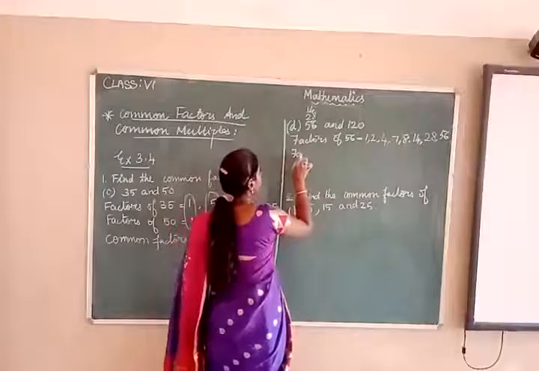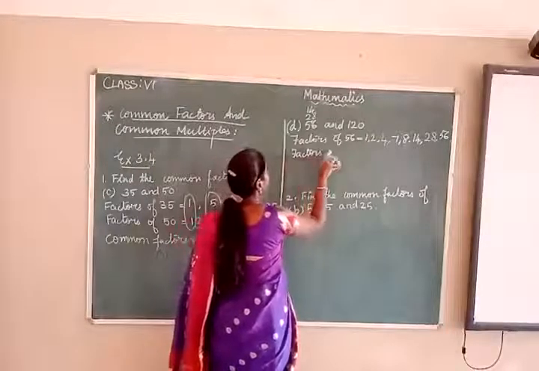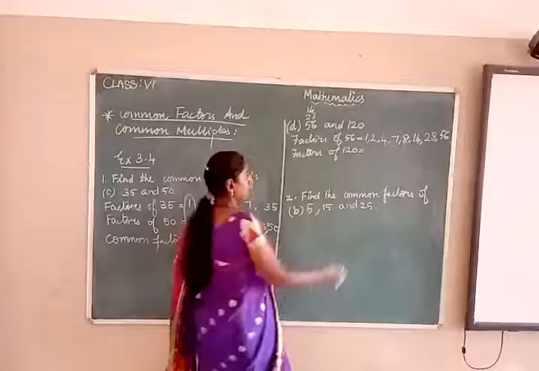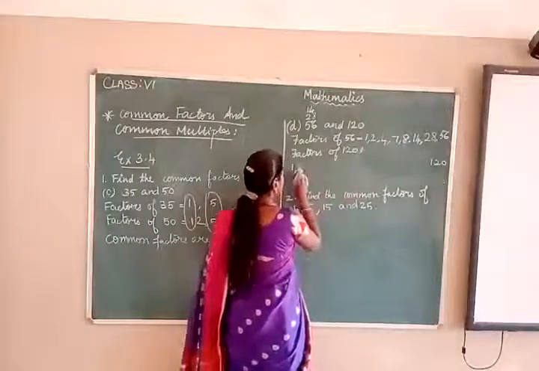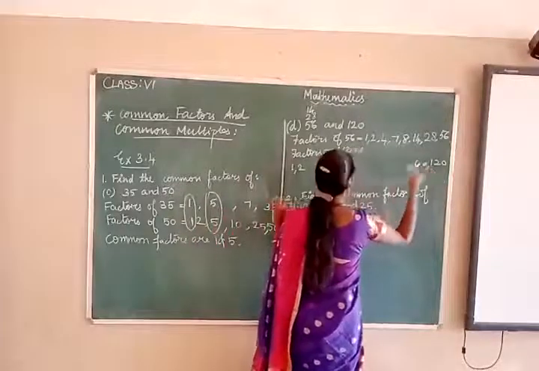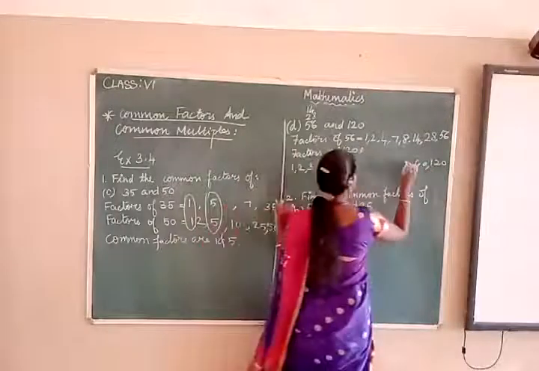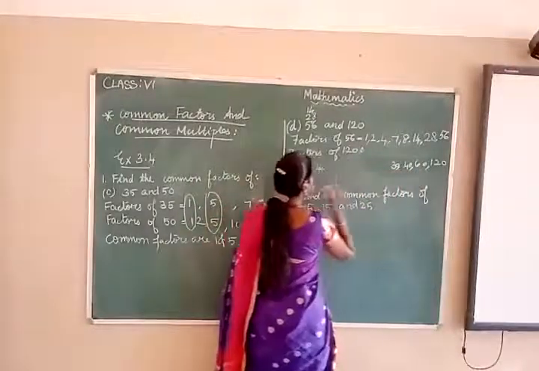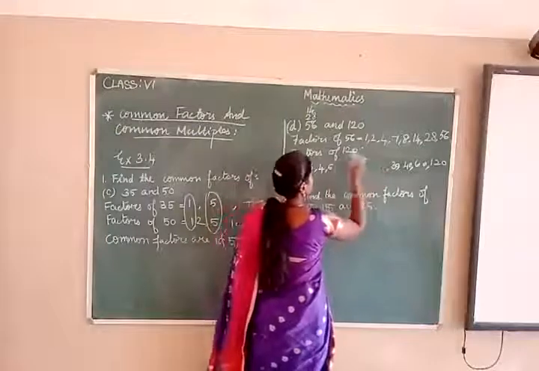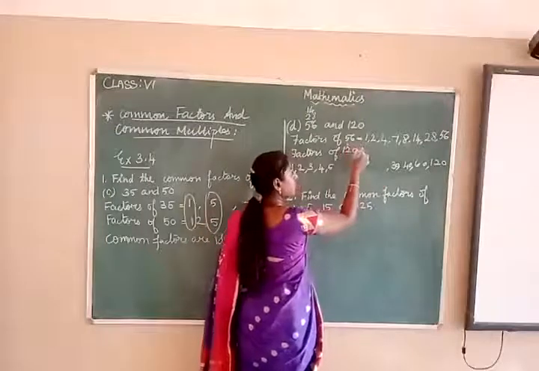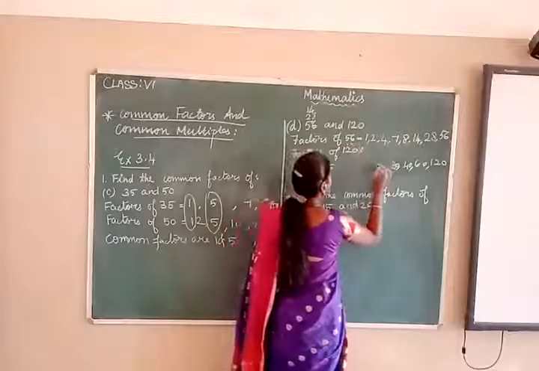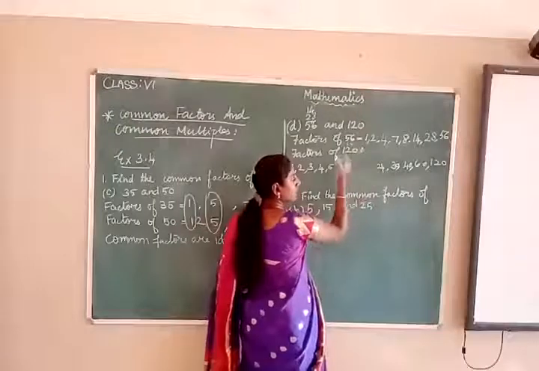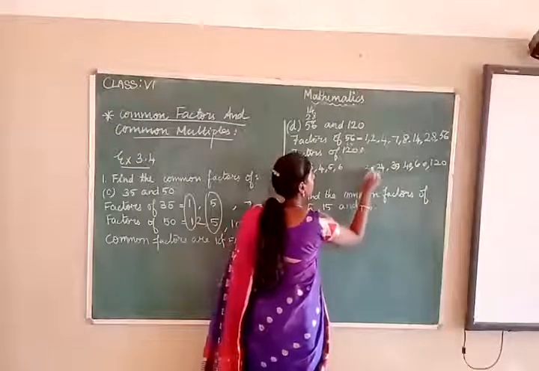Now factors of 120. How will you find this? 1 120s are 120, 2 60s are 120, 3 40s are 120, 4 30s are 120, 5 24s are 120, 6 20s are 120.